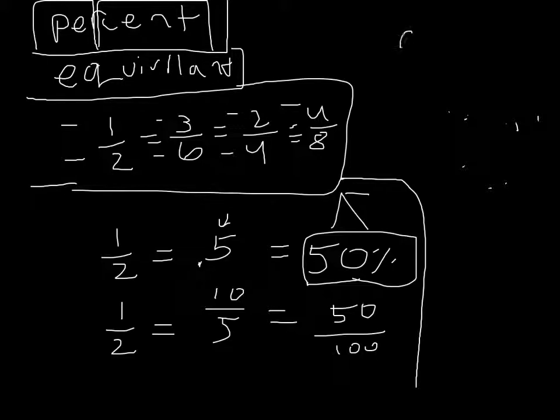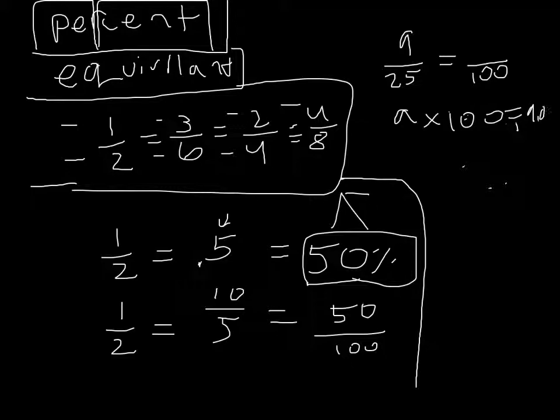So you have 9 out of 25 equals blank out of 100, because remember, percent is the amount out of 100. So what you would want to do is do 9 times 100, which is 900. And then what you would want to do is divide 900 by 25.